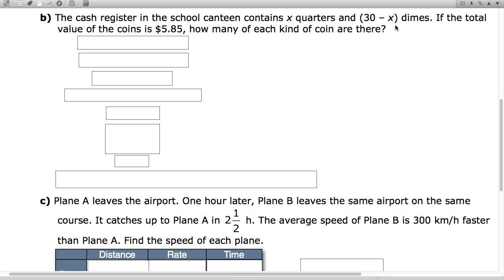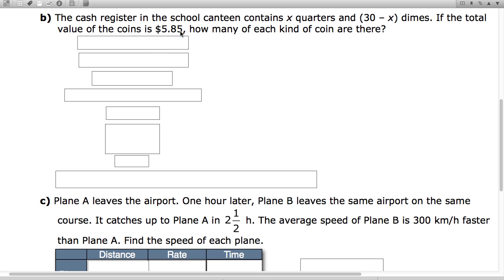But since they've already declared what x is supposed to be representing, we don't have to write a let statement for this problem. All we have to do is use the fact that the total value of the coins is 585, and then we'll be able to determine how many of each kind of coin there are.